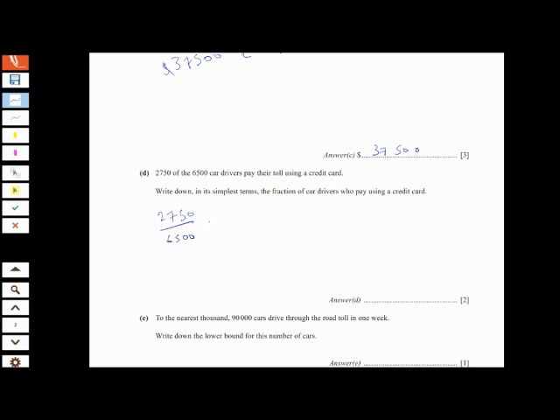Divide both by 5 because both numbers are divisible by 5, and you'd get 275 over 650. Divide by 5 again, you get 55 over 130. One more time, divide by 5 because they're still divisible by 5. You'll get 11 over 26, and that's your simplest form.